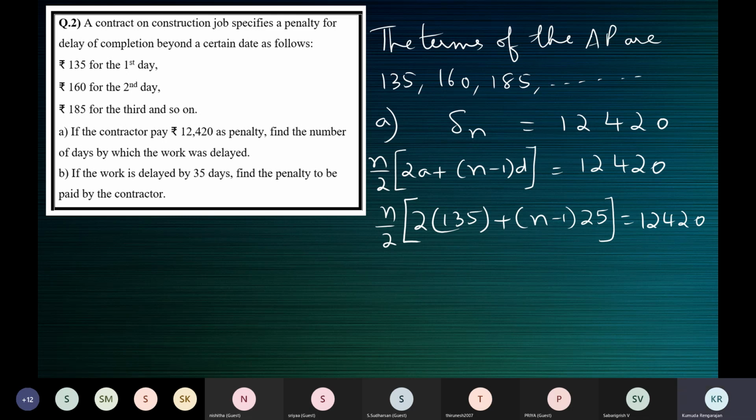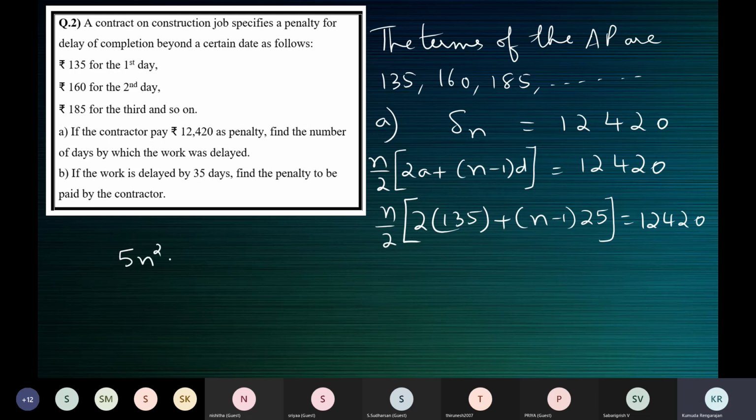What is the equation, children? Ma'am, 5n square plus 49n minus 4968 is equal to 0.